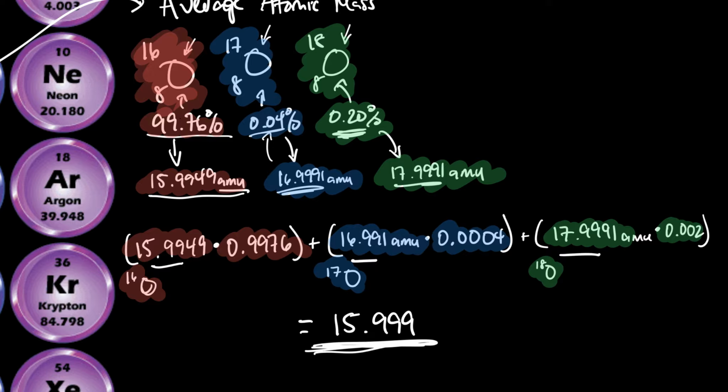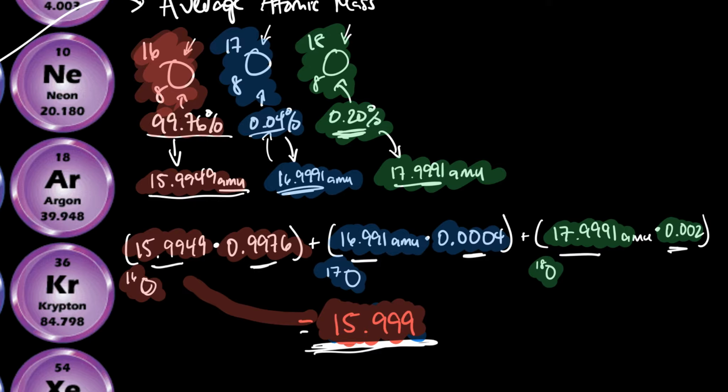So because the average atomic mass is 15.999, even if we didn't have the percent abundance numbers of your isotopes, you could figure out that oxygen 16 is actually the most abundant of all the three isotopes. You can see that just by looking at the average atomic mass.